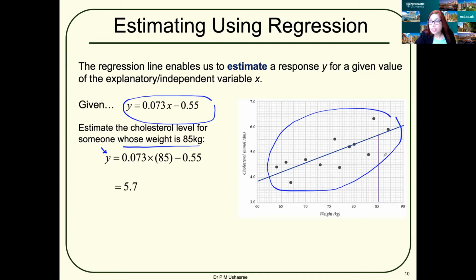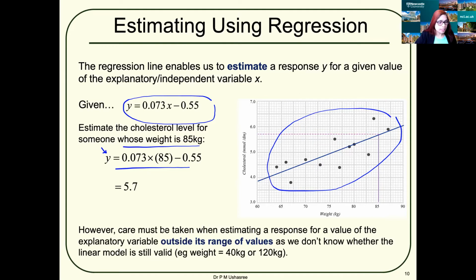So either you can interpolate and then find the value, or use this equation for line of best fit, substitute the value and estimate the value of Y. However, care must be taken when estimating a response for a value of the explanatory variable that is outside this range of values, because we don't know whether the linear model is still valid for the data values beyond the collected data values.